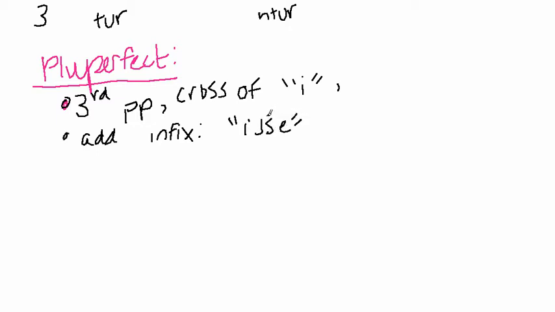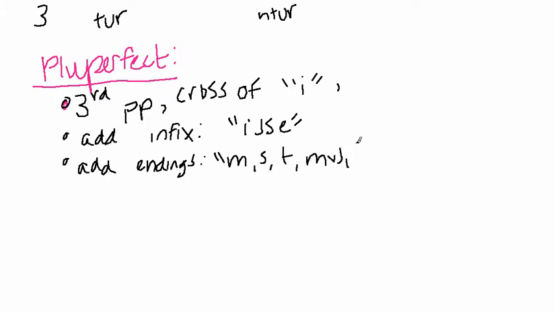Then you add the endings m, s, t, mus, tis, nt, as we've already done. I'm just going to write them down here so you have it all in one place. Add endings: m, s, t, mus, tis, nt.